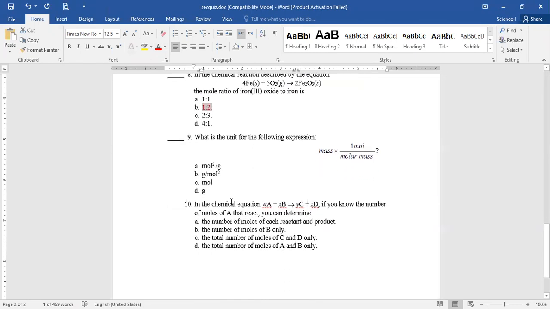Then here he asks, what is the unit for the following representation? What measuring unit is it going to be for this representation? After making this kind of calculation, what result am I going to have?